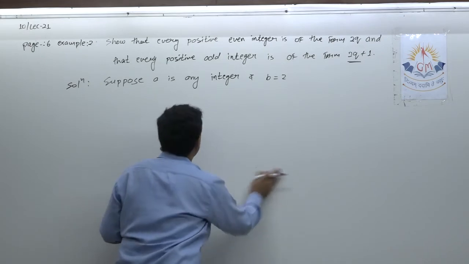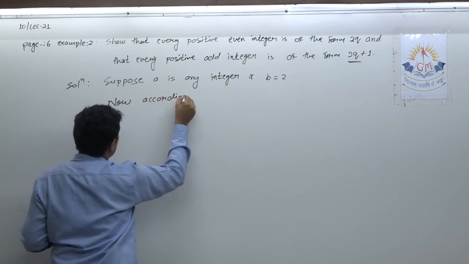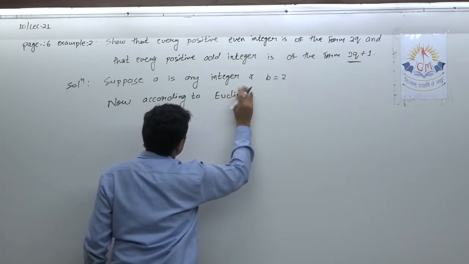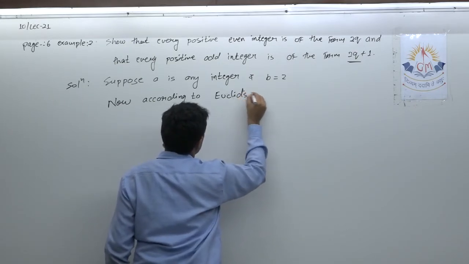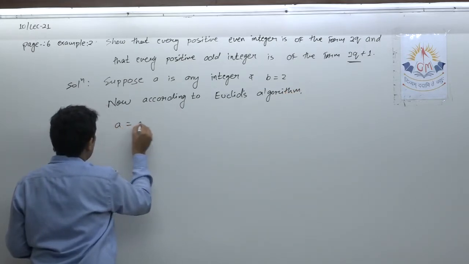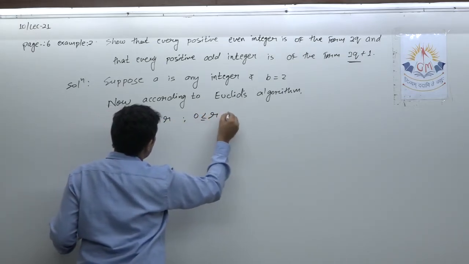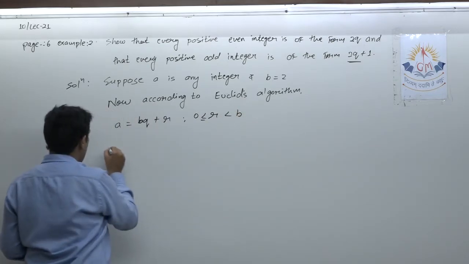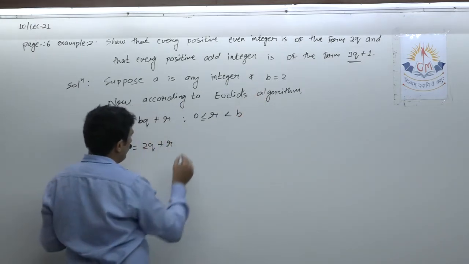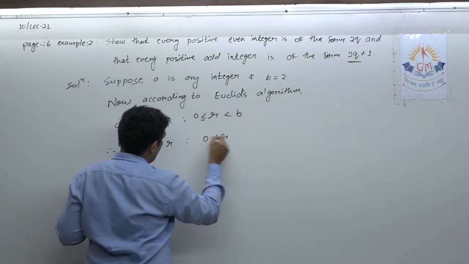Therefore, according to Euclid's algorithm, a is equal to 2q plus r, where r is greater than or equal to 0 and less than b.